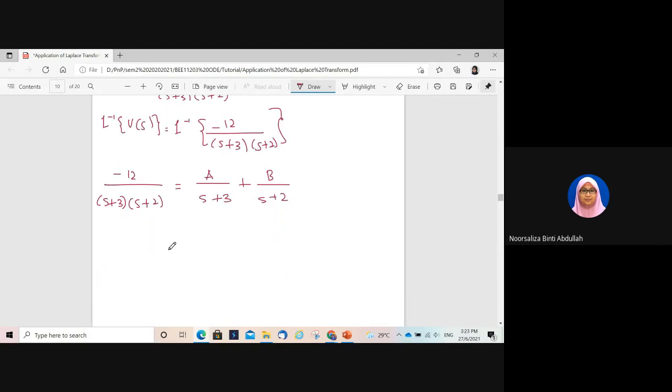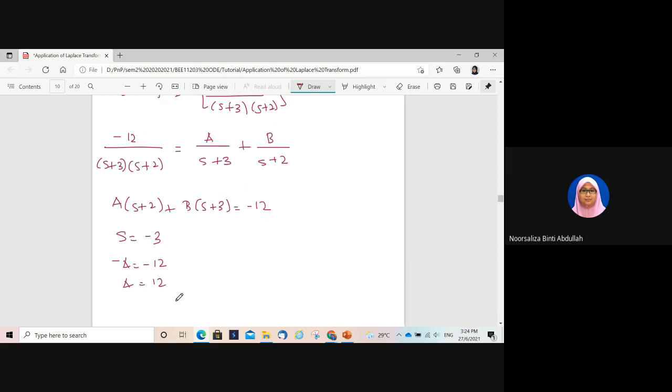Okay, so you have a s plus 2 plus b s plus 3 equals to minus 12. Okay, next is if your s equals to minus 3, b equals to 0, and minus a equals to minus 12, a equals to 12. Betul?